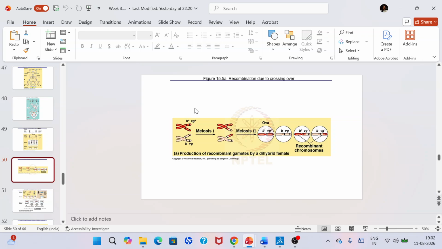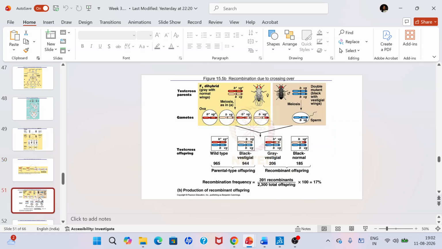But if a crossing over event happens during meiosis, then those linked characters will show recombination, and they won't go to a particular gamete together. They can be exchanged just because of this crossing over event. So this is an example of showing recombination due to the crossing over.